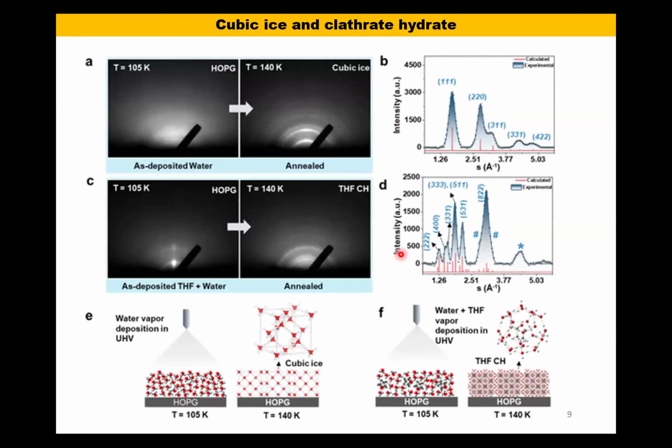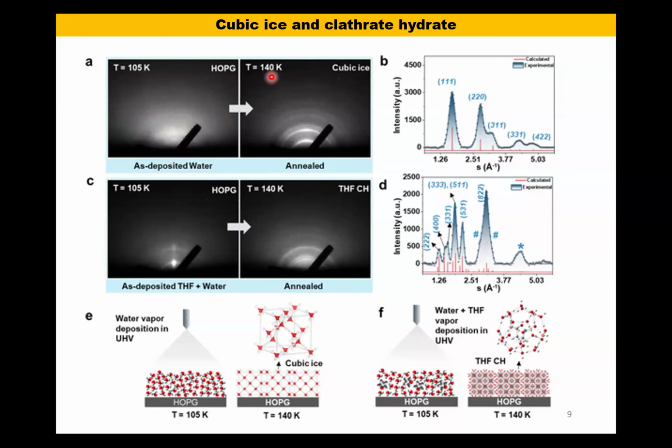So what we have done, we first took pure water. We deposited it on an HOPG substrate, which is highly oriented pyrolytic graphite. When we look at this, we see a diffuse broad ring, which suggests low density amorphous solid water.